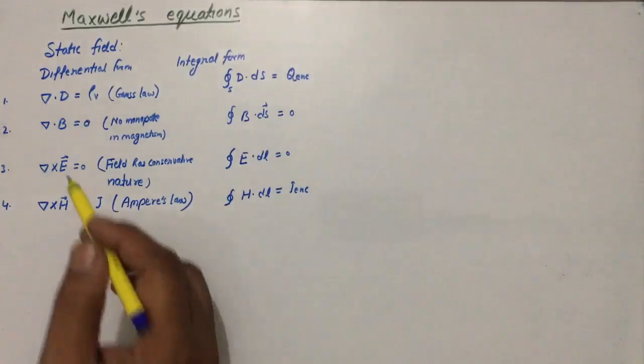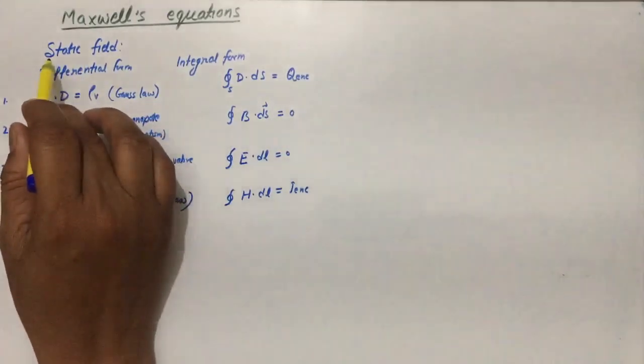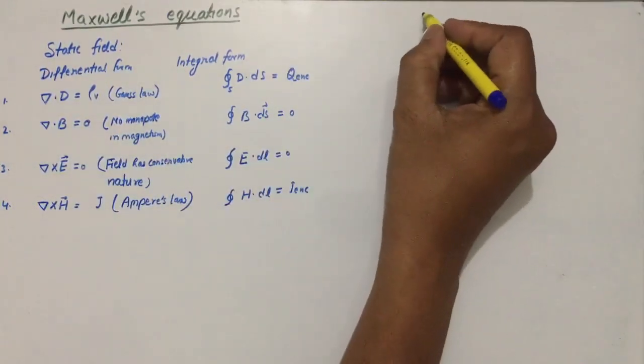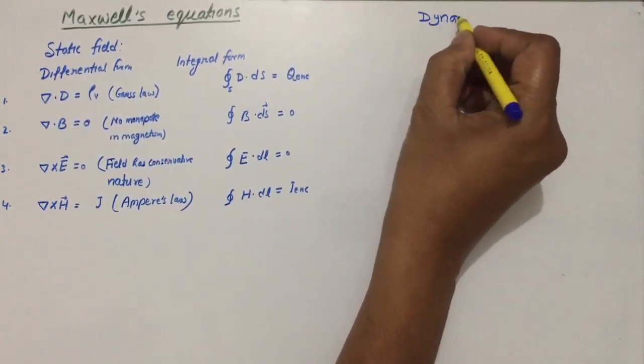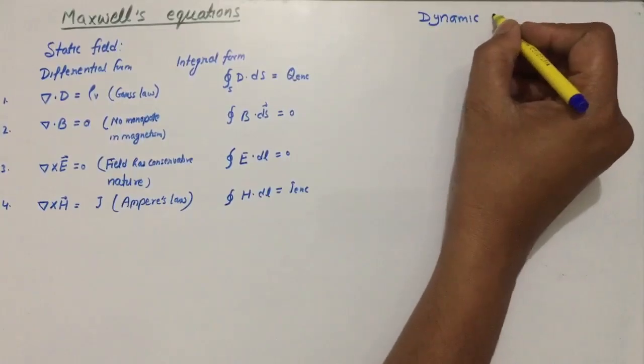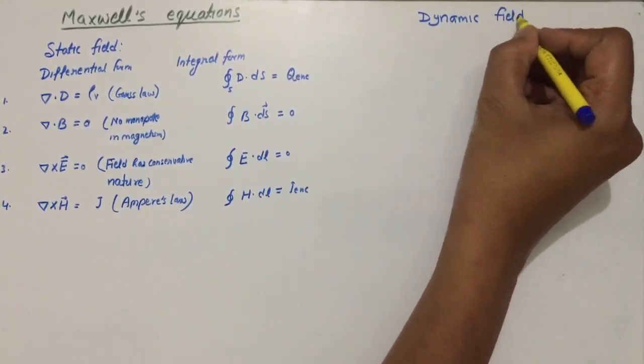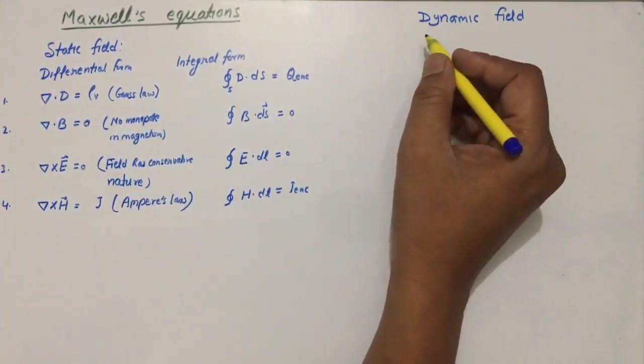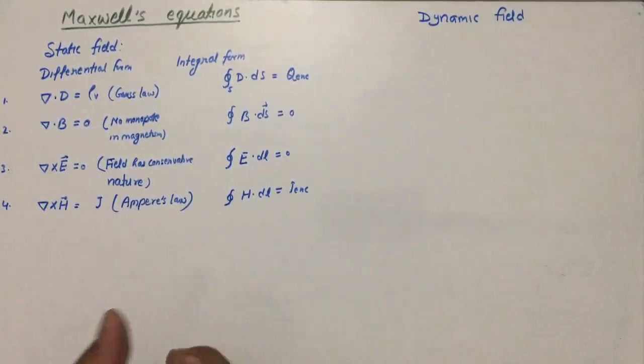And if the field is not static, meaning we have a dynamic field, in that case we know that when charge is moving, the moving charge is called current, and due to that the field will be there.